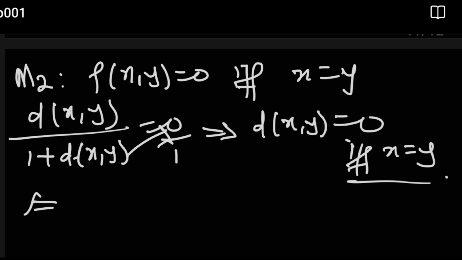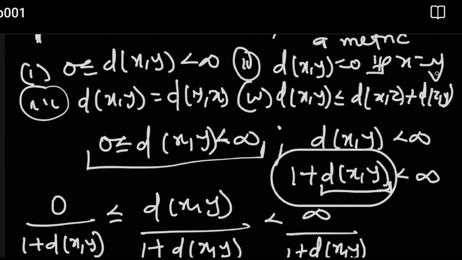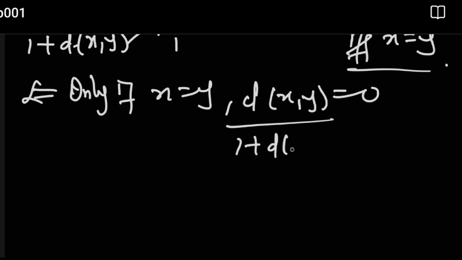The other way will be: if x equals y, we have that d(x,y) is equal to 0. Now divide both sides by 1 plus d(x,y).